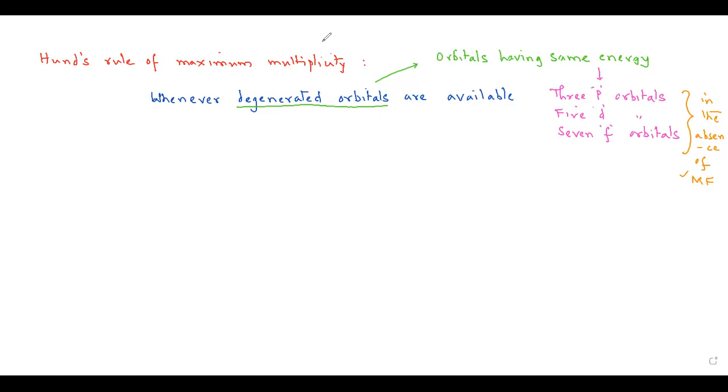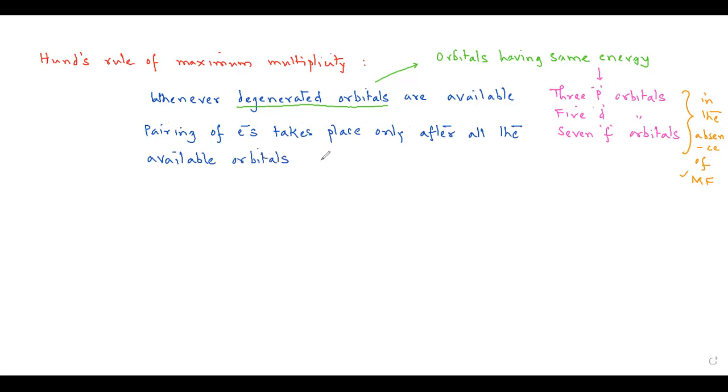You know, whenever degenerated orbitals are available, pairing of electrons takes place only after all the available orbitals are filled with one electron each.